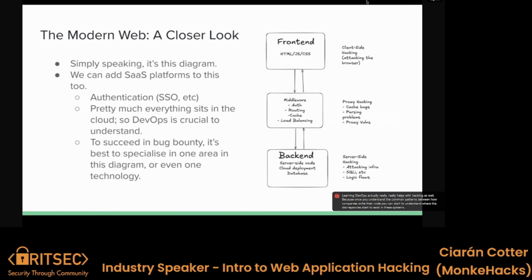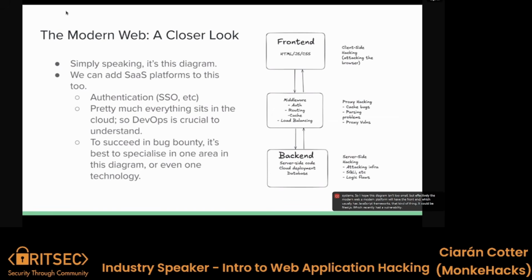I hope this diagram isn't too small, but effectively, a modern platform will have the front end, which usually has JavaScript frameworks, that kind of thing. It could be Next.js, which recently had a vulnerability.